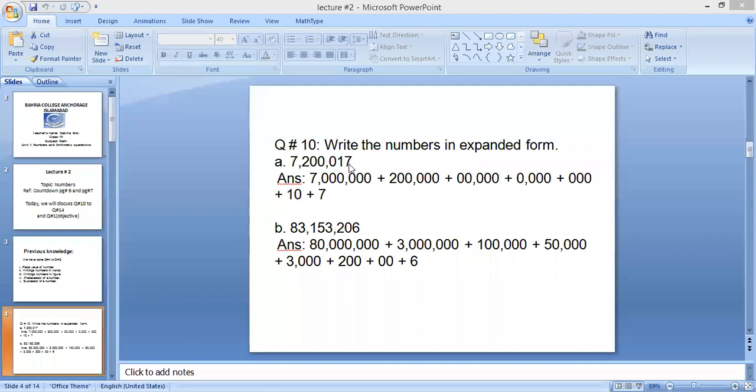You have 1 digit to the right side, so you will put 1 zero. And there is no digit to the right side of this 7, so you will write 7 here. This is your expanded form of the first question, A part. Okay, now the B1. Revise the A1 first.